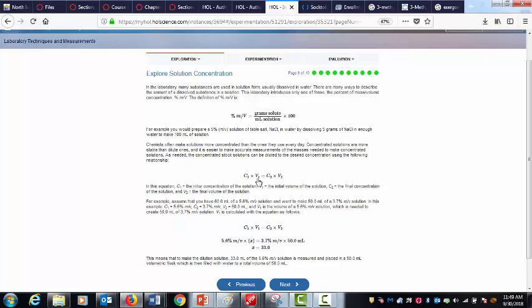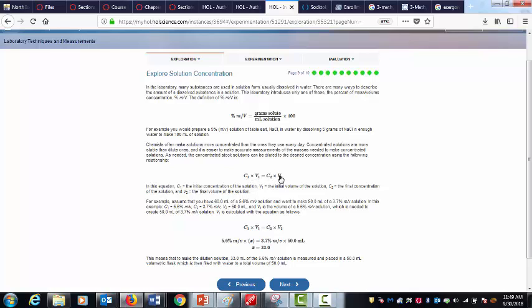Then we add water to it to get a new volume, that's V2, and our new concentration, C2, will be less than C1 because we've just added water. So C1 is concentrated, V1 is the small amount of volume we take of that concentrated, V2 is our volume after we add the water to it, and C2 is our new concentration.